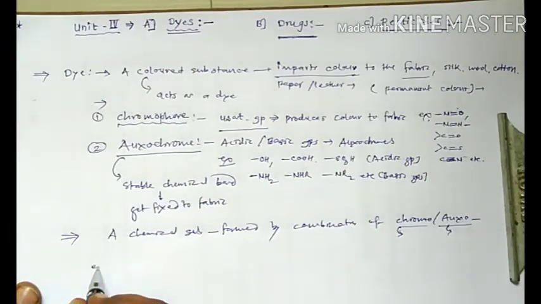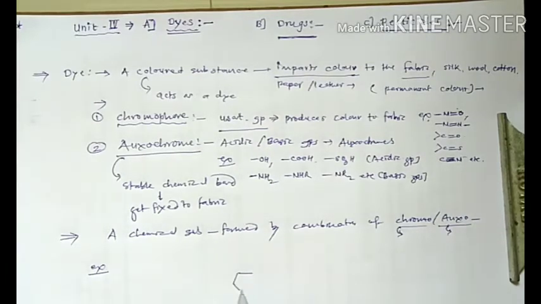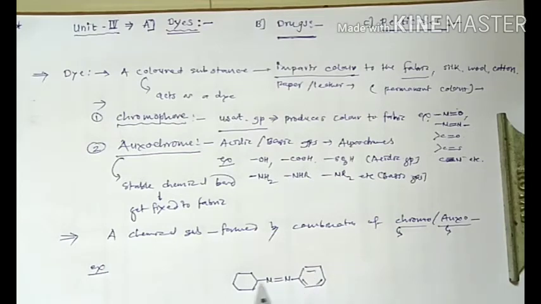For example, you can take methyl orange. Methyl orange, you all know, is an orange colored dye which acts as an indicator in acid base titration, or in volumetric analysis, to indicate the completion of the reaction, isn't it?